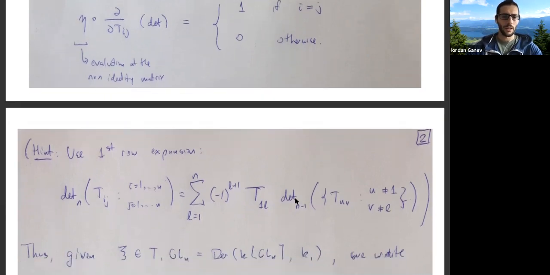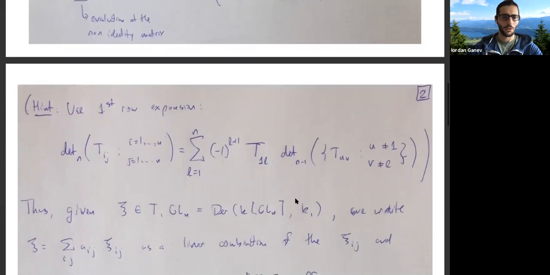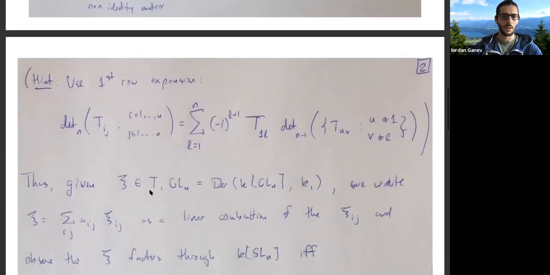And once we have that, then we're pretty much done. So now if we take something in the tangent space at the identity of GLN, then it's a derivation from the affine algebra of GLN to K. And we know that it's a linear combination of these xi ij's from before. These form a basis for this vector space.